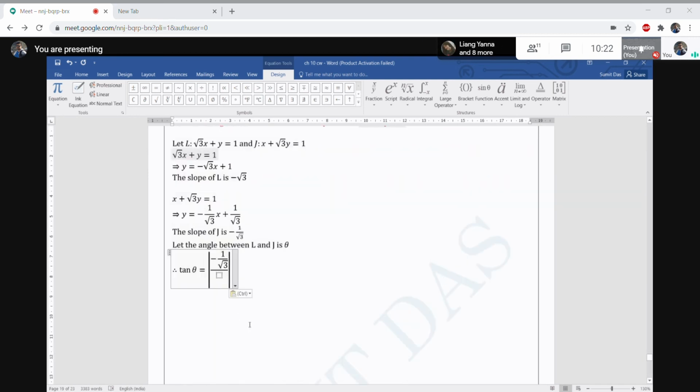So m2 minus m1. What is m1? Square root of 3 divided by 1 plus m2 into m1, square root of 3. Okay, if you simplify this one, very interesting things will come.